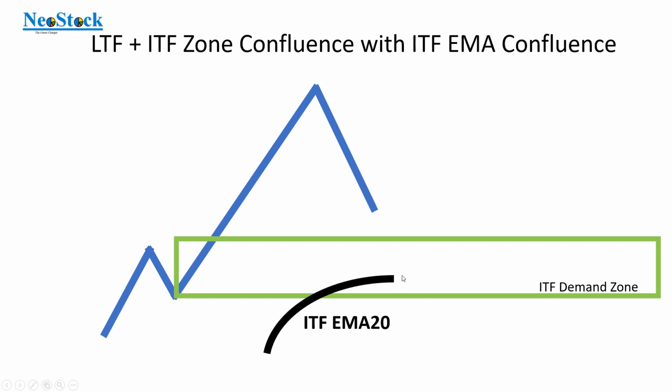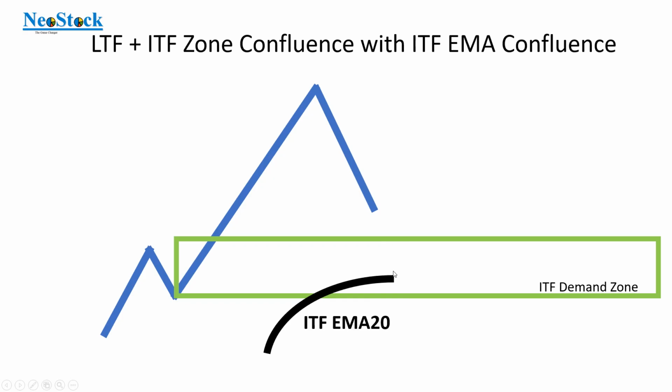What is the EMA confluence currently? The EMA is at the ITF zone. This EMA can be exactly in the middle of the zone, or near the distal line, or near the proximal line.